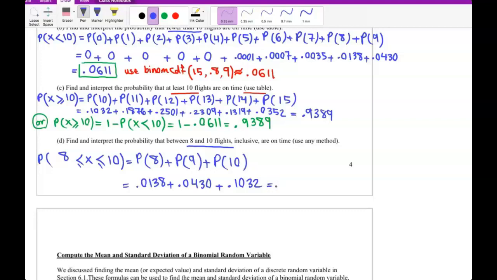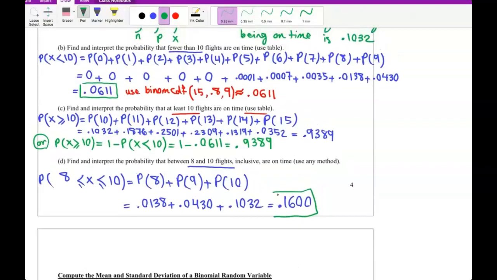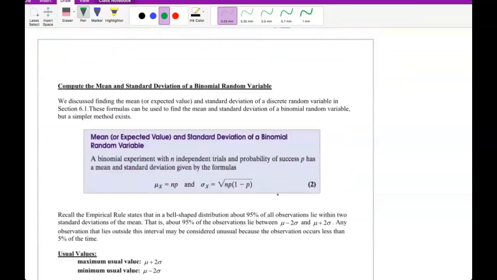And that is equal to 0.1600. Okay, next page.